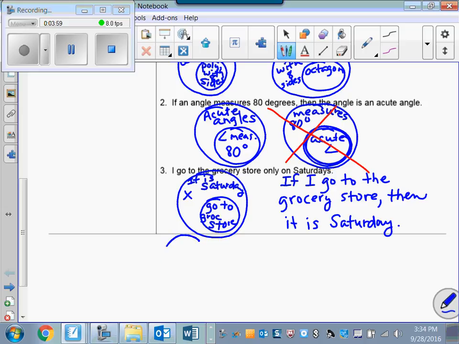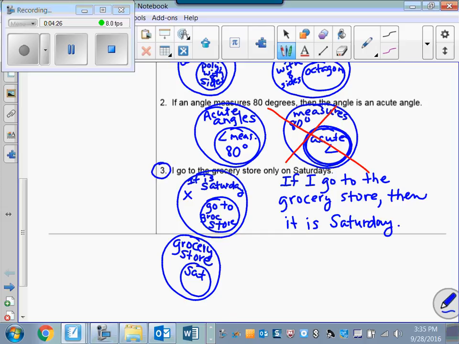So if I put Saturday here and going to the grocery store here, then this Venn diagram is saying that on Saturday, all I do is go to the grocery store.